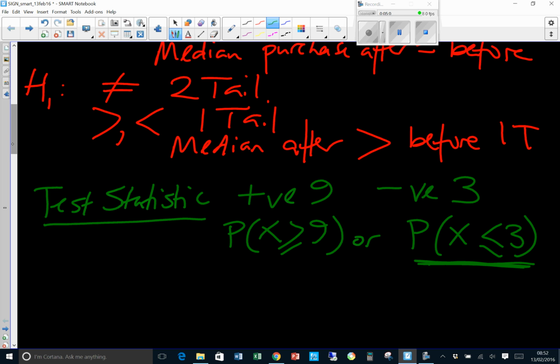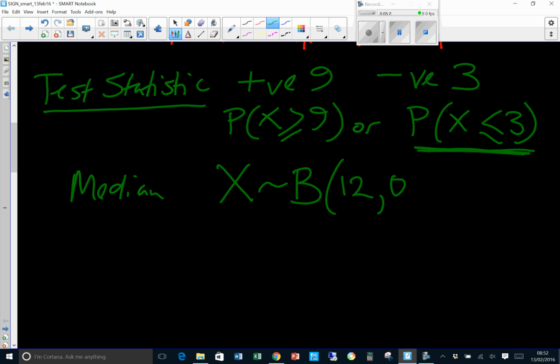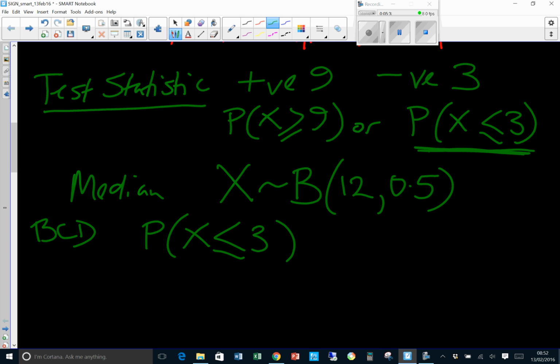Now, as we're looking at the median, the whole basis of the sign test is that it's got a 50-50 chance of being higher or lower. So we are using our binomial distribution. In this case, we had a sample of 12 items, and we're saying that the probability of being higher or lower is 0.5. So we can now go ahead and use the BCD function on our calculator to calculate this probability.